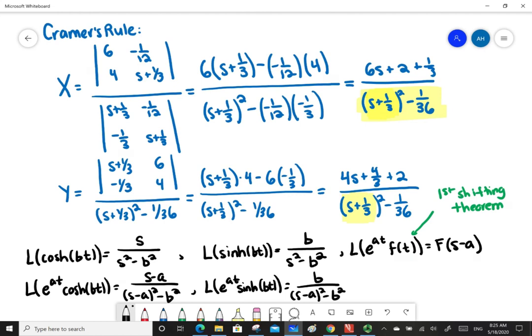Now we just need to break x and y up into pieces of these forms using that a equals negative 1/3 and b equals 1/6.